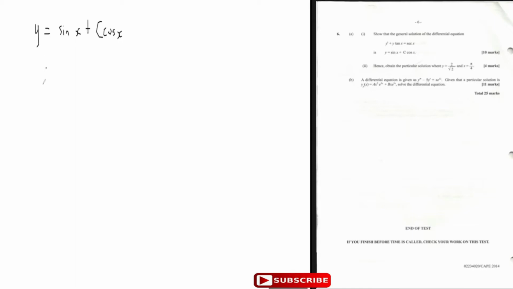So 2 over root 2 is equal to the sine of pi by 4. I don't like to write so much pi, so I'm going to write 45 degrees. The sine of 45 degrees plus c times the cos of 45 degrees.